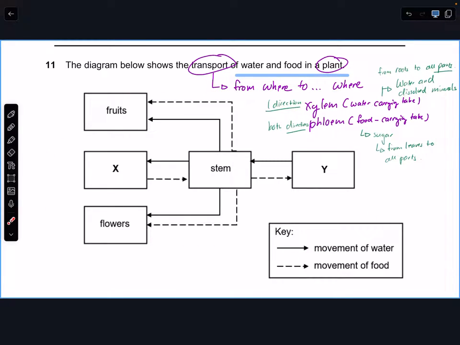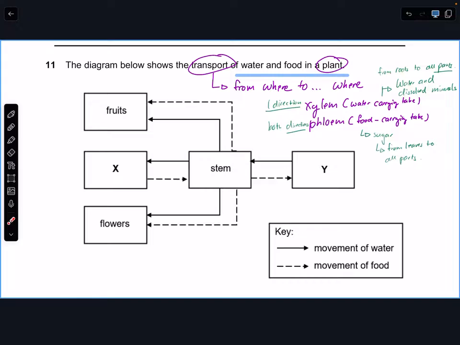The first thing you need to do is to identify your roots, because your roots always carry water from your roots to your leaves and all parts. So movement of water is the solid line. Look for it. Where is the origin? Is it Y? Is it X?